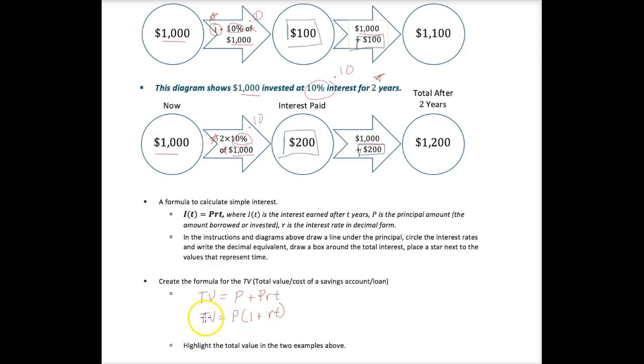Either one of these will do it. The total value is the cost of the loan, the $1,000, plus the interest earned, the $200. The final instruction on this one is to highlight the total value in the 2 examples above. This guy here is total value, and this guy here is total value.